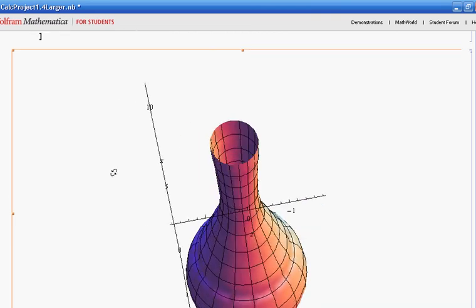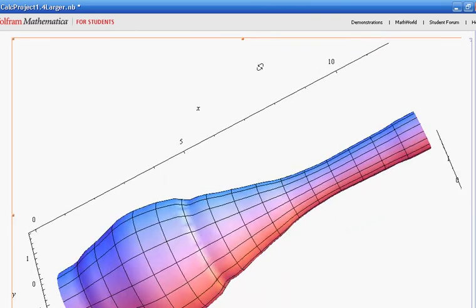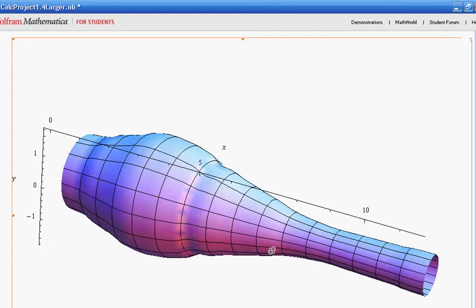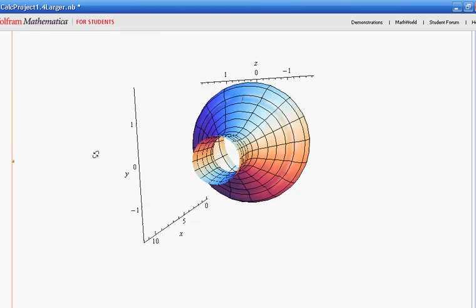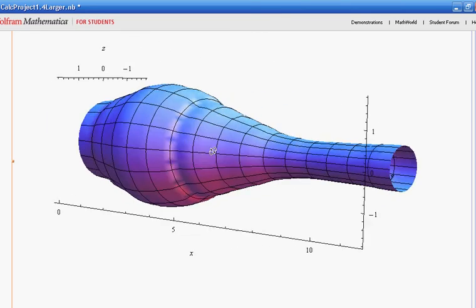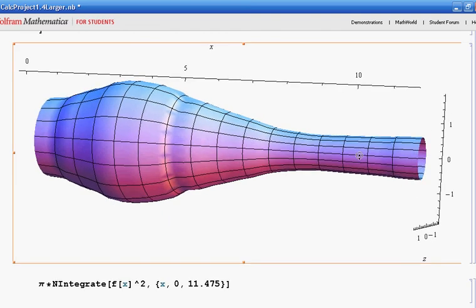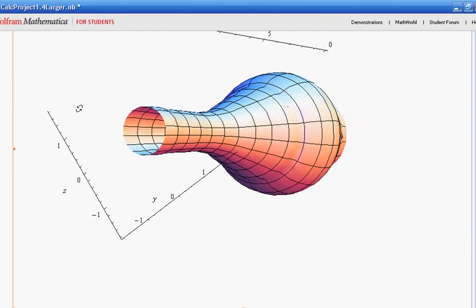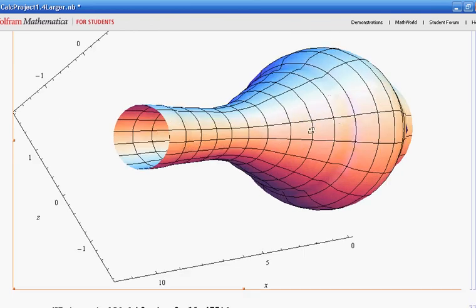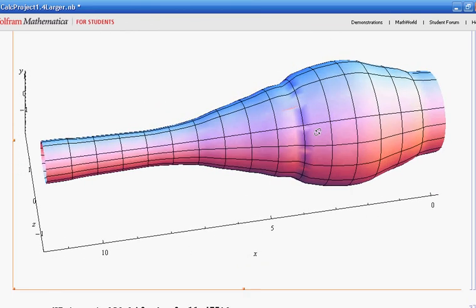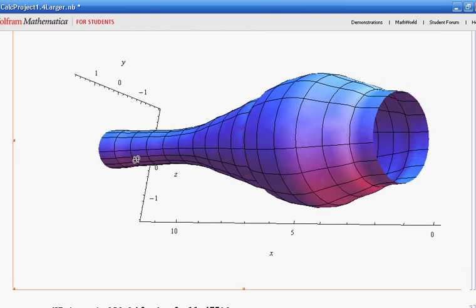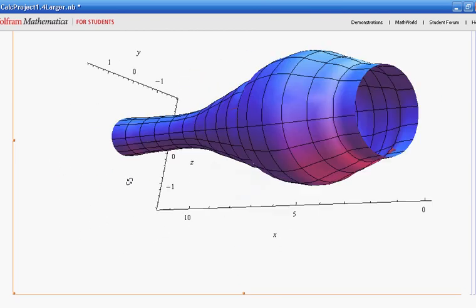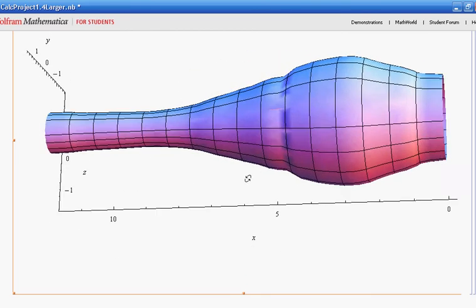You can look at it any which way. Adjust this a little bit. That's centered. This is pretty much what all the hard work was for, to get to this point: being able to look at a three-dimensional form of my bottle, done with just the measurements that I took from it.